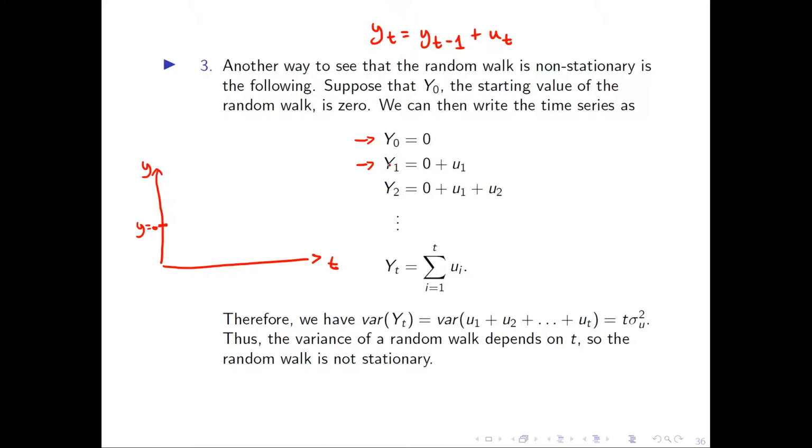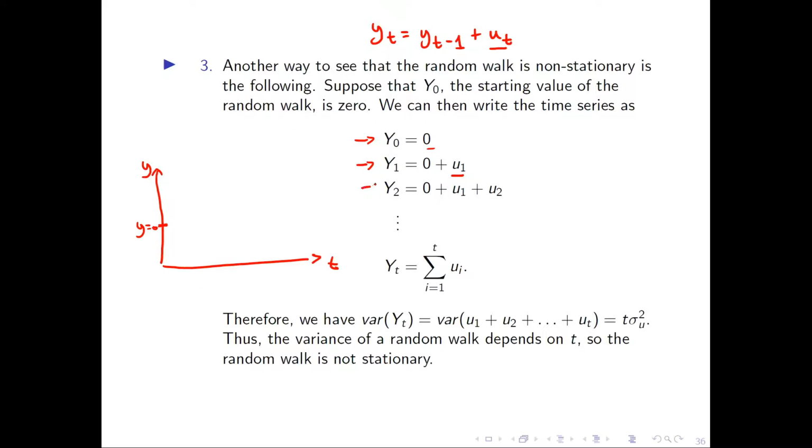So y1 is equal to the value of y during the previous period, which is 0, plus the error term at time 1. So y1 is 0 plus an error term, right?